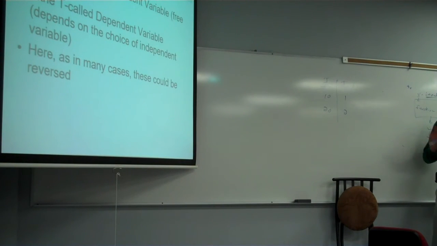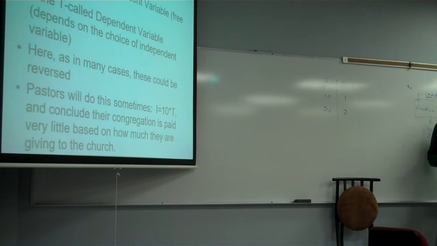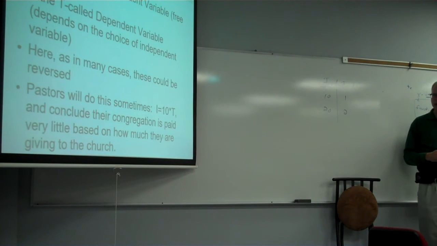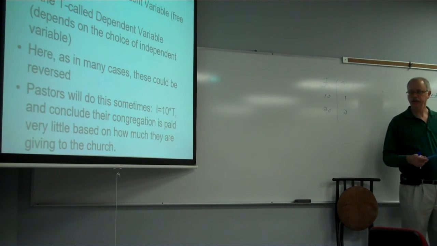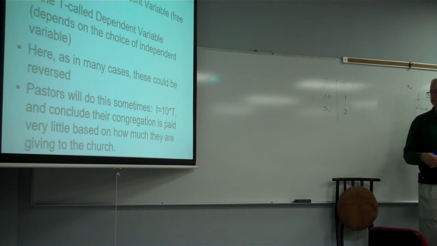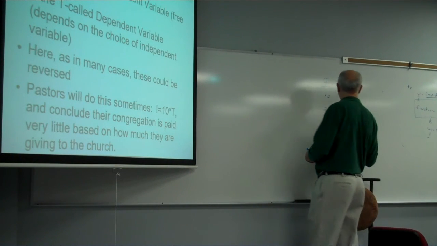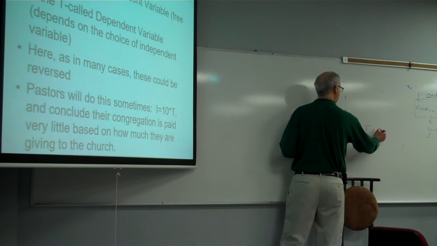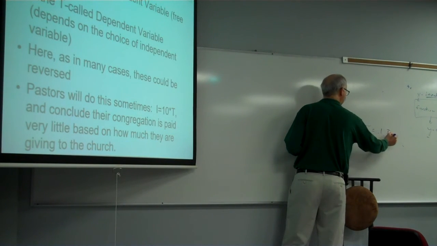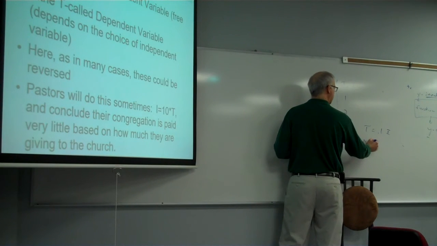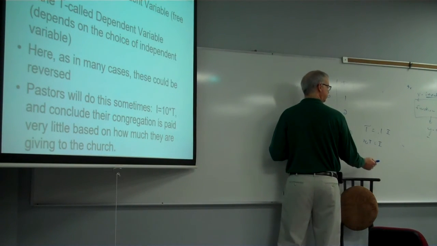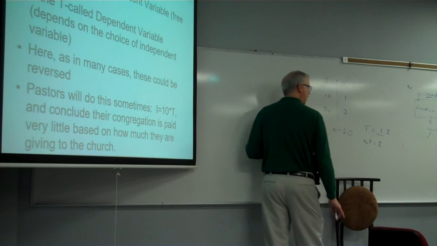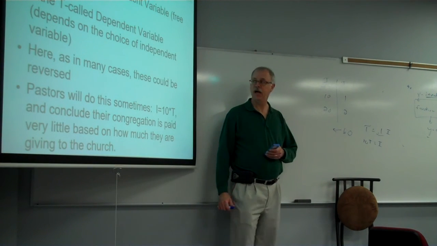So there are lots of ways that we could use a formula or a table. Sometimes they're combined. But in the tithe and many other cases, we could reverse this. I think pastors could do this if somebody gave a tithe of, say, $60. We could solve this equation, tithe equals 10% of the income, by multiplying both sides by 10, and get that the income is 10 times the tithe.